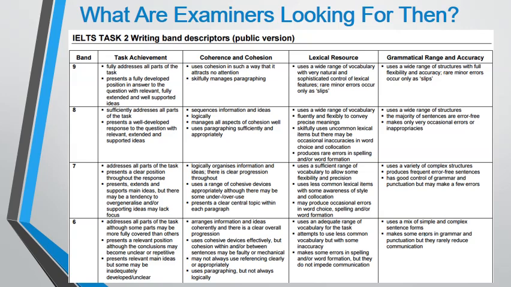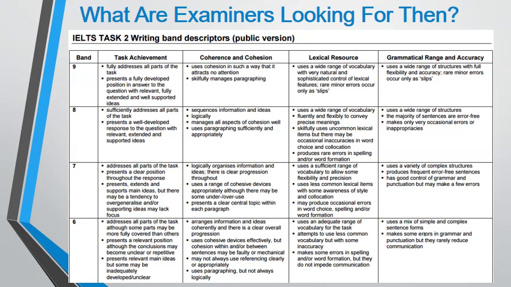These are the different areas that the examiners think about when they're marking your essay. And inside each box there is a description of what an essay will look like at each different level for those different areas. This gives us a really good guide as to what your essay should be doing to score highly in each of those different areas.